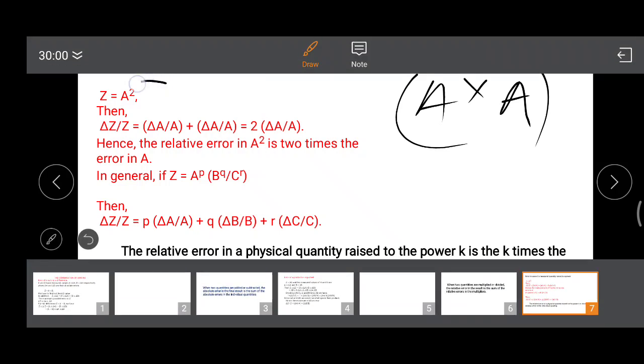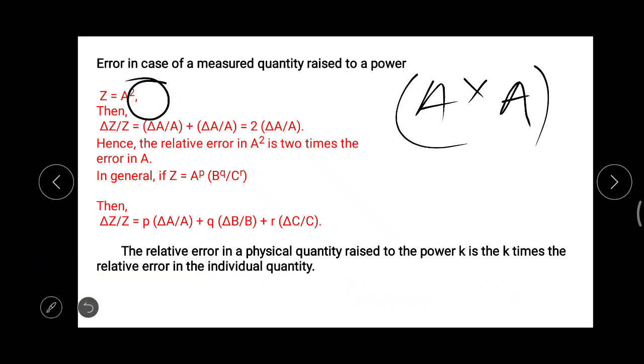So when it is a square, the resultant relative error is 2 into delta a by a.